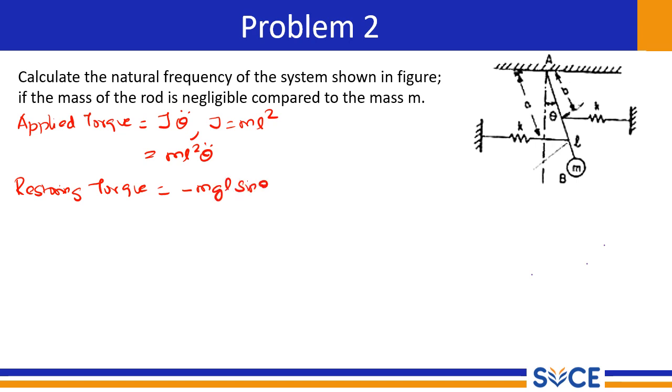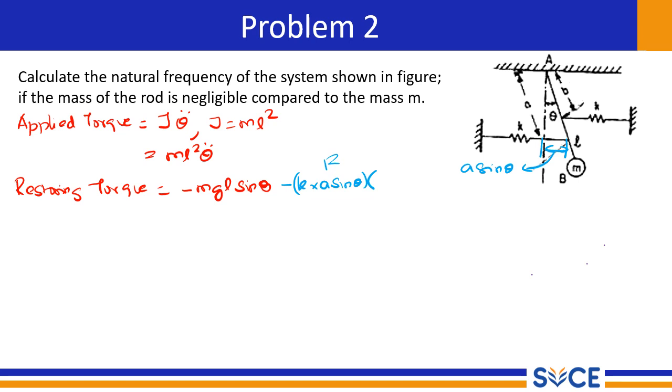Similarly, what is the torque because of the spring? For the left hand spring, recall from the previous slide, it is nothing but the stiffness k into the deflection, a sine theta. So this is the deflection part, and this comes as the force into the radius.